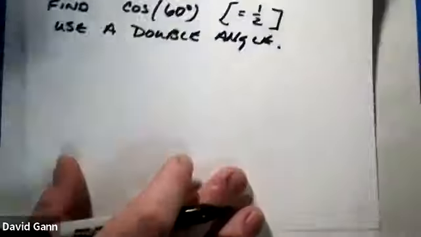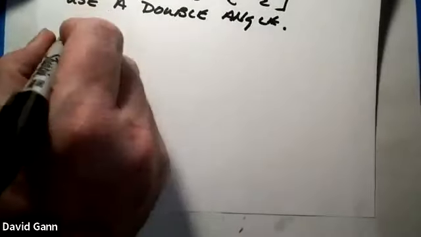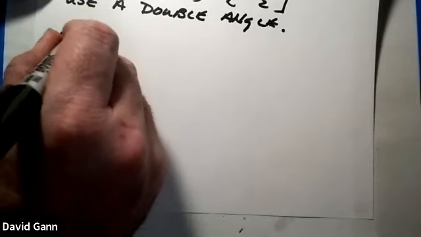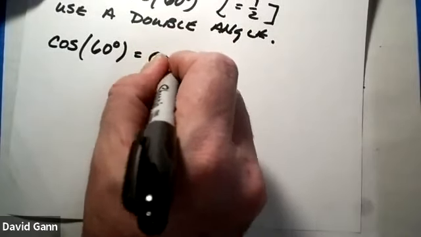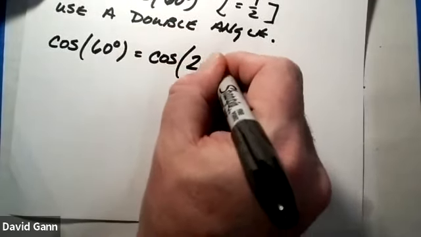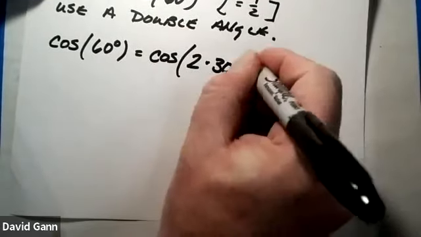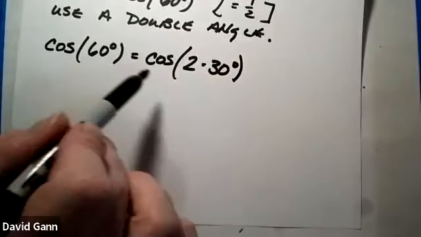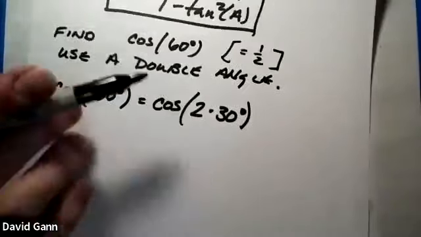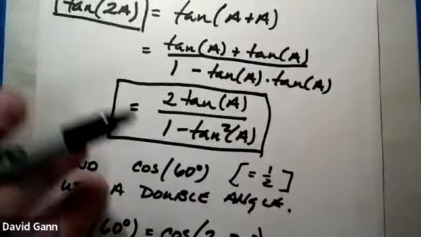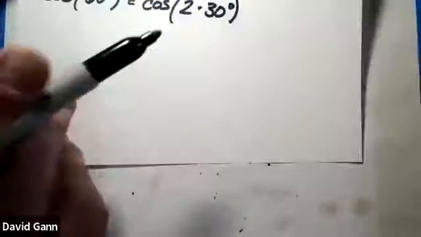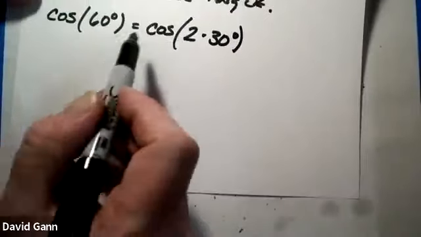So how does the double angle work? Well, what I'm wanting to find is cosine of 60 degrees. Note that is cosine of 2 times 30 degrees. And there's our 2A, right? That's sort of the key. For whatever reason, when you're working with double angles, and also when we work with half angles, people mess this up all the time.